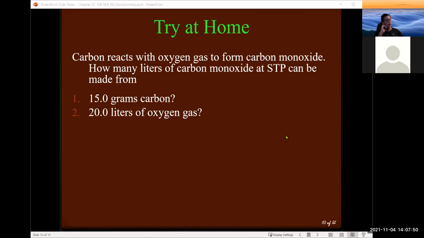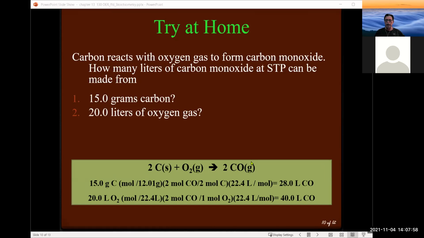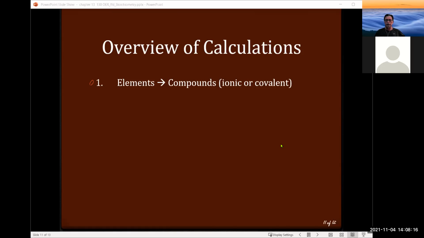And then try it with the second part. If you start off with 20 liters of oxygen gas, you should get, for the first one, 28.0 liters of carbon monoxide and 40.0 liters of carbon monoxide. Okay, so try that at home. I know I gave you the answer there, but try to do it on your own.